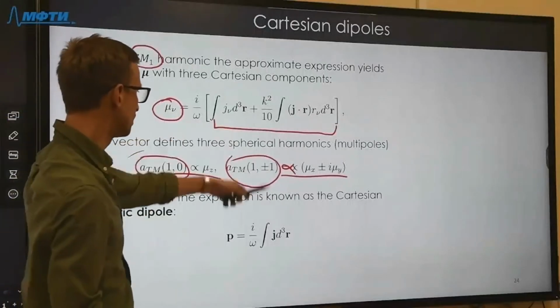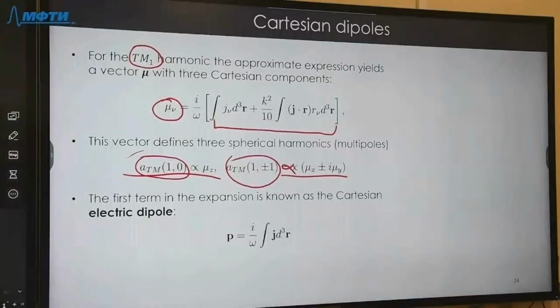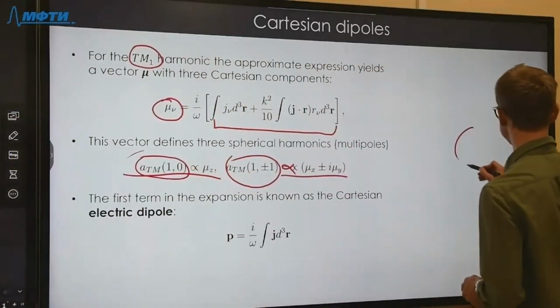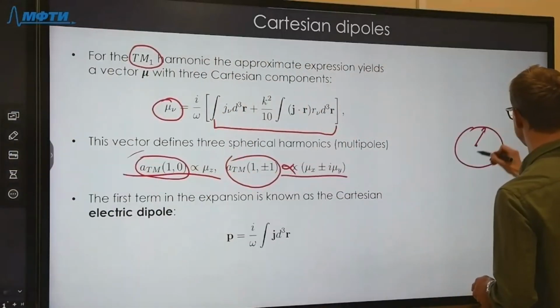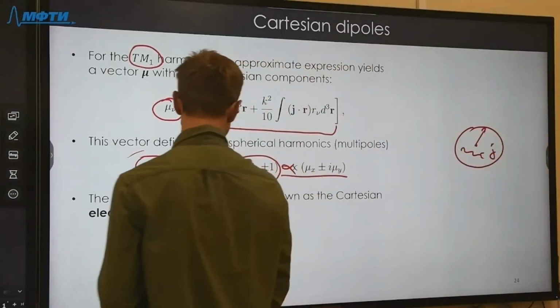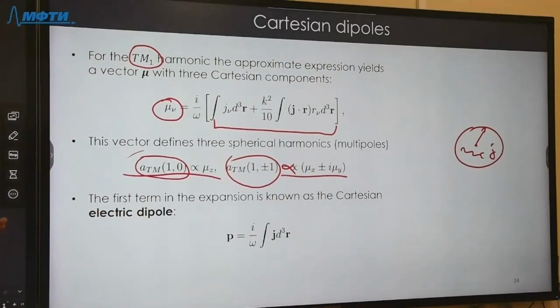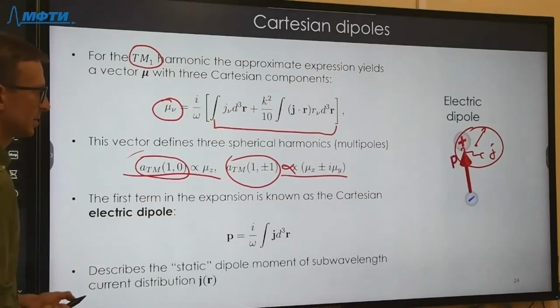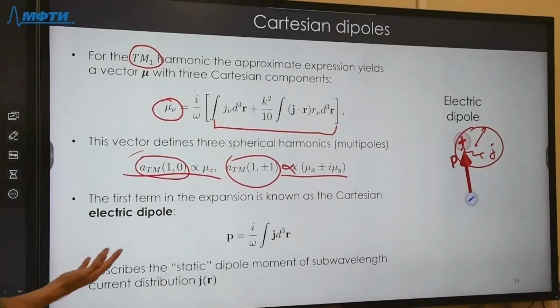The first term is called the Cartesian electric dipole. This is simply the volume integral of the current density over the entire source region. It does not involve any Bessel functions, no spherical harmonics, just the integral. And this is the electric dipole that describes simply the static dipole moment of any distribution of currents and charges.